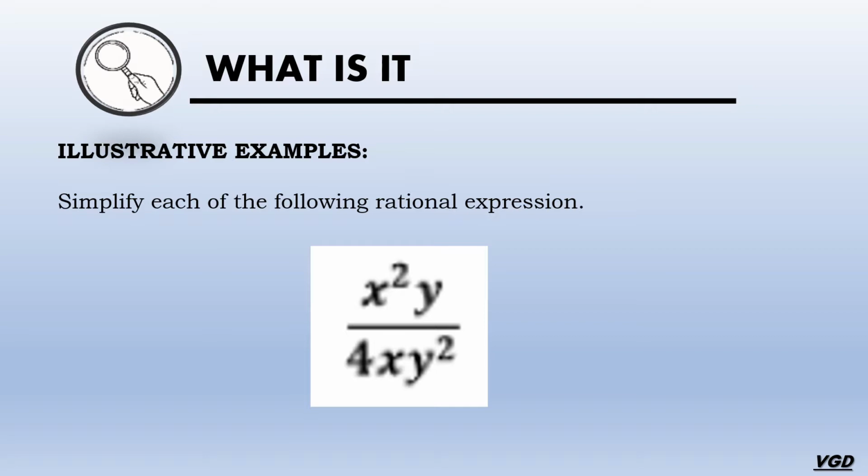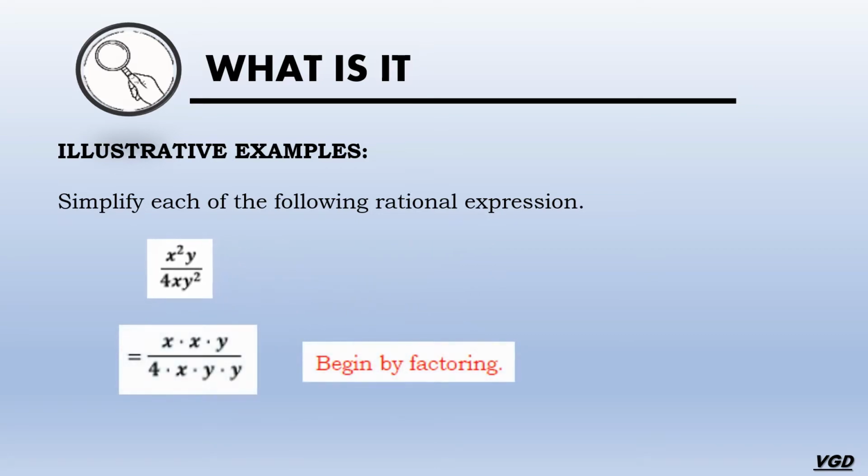Let's simplify each of the following rational expressions. And let's have number 1, x squared y over 4x y squared. The first thing that we're going to do is to factor the numerator and the denominator. So we have here the factor of x squared y is x times x times y over the factor of the denominator 4xy squared is 4 times x times y times y.